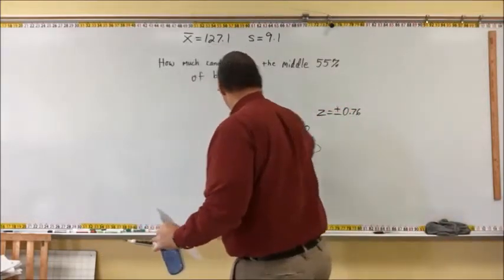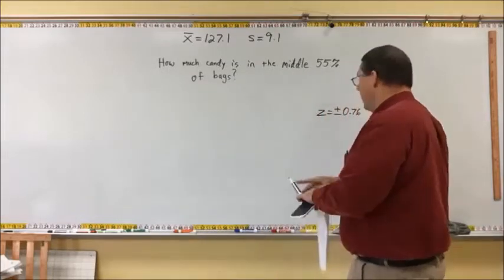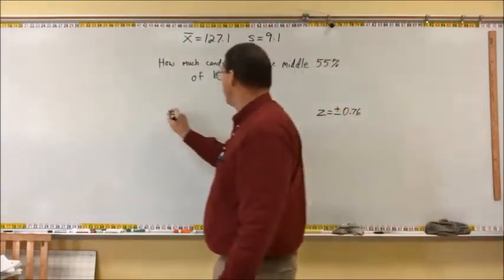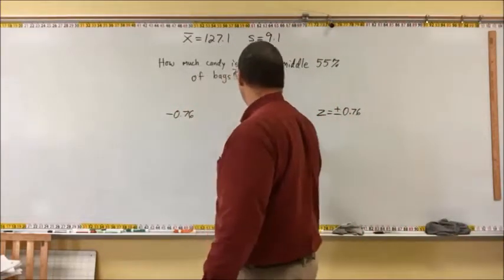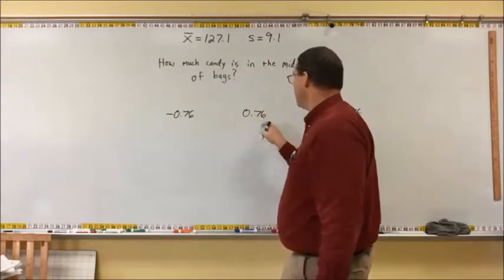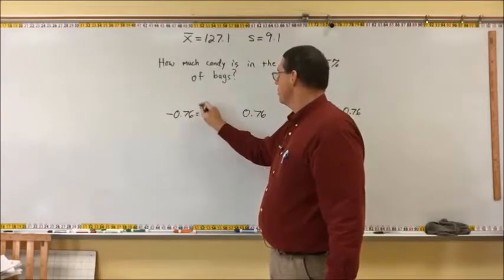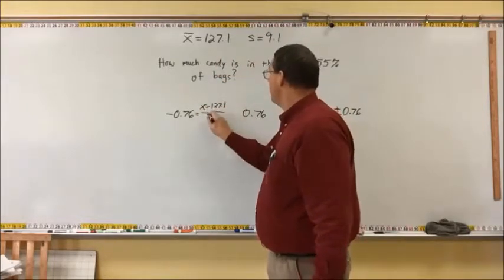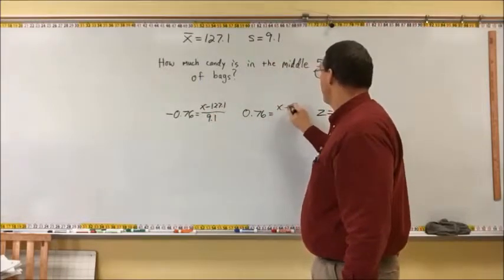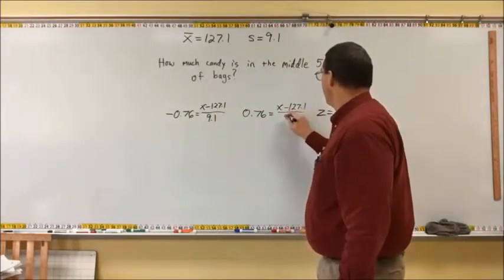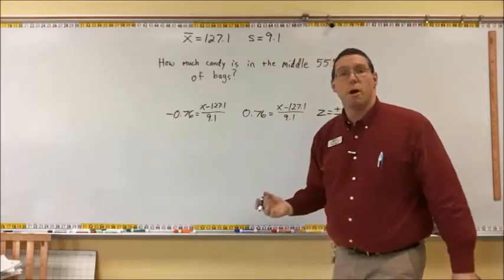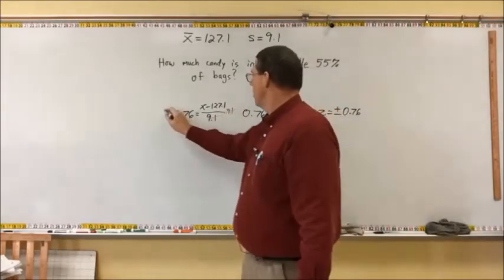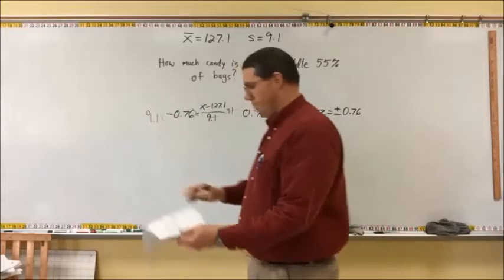Let me erase some of this stuff. And now we need two scores, two x values. One of them is associated with negative 0.76. The other one is associated with positive 0.76. So we're going to say that this is equal to x minus the mean, 127.1, divided by 9.1. This one is going to be equal to x minus 127.1 divided by 9.1. We're going to do algebra on both of them. So let's do this one first. Times 9.1 cancels, times 9.1.